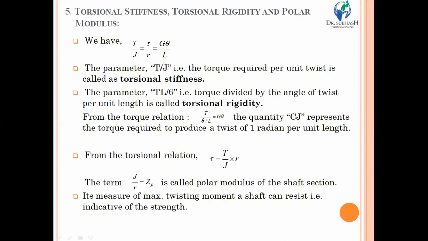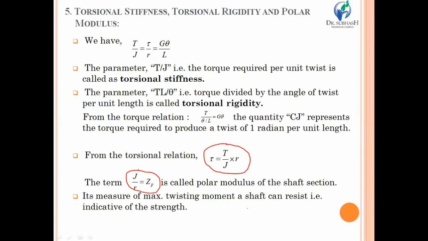Now, one more relation can be derived from the torque equation, and that is tau is equal to T upon J into R. In that relation, if you take the ratio of J upon R, that becomes a new quantity, capital Z suffix P. This capital Z suffix P is known as the polar modulus of shaft section.